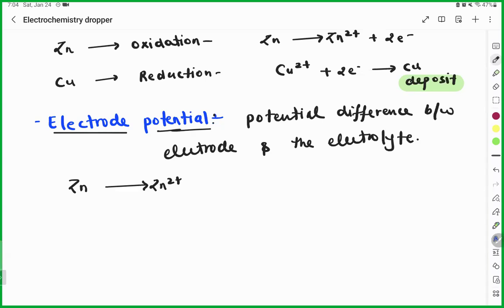But here it is the potential difference between the electrode and its own electrolyte. The electrode potential is between the electrode and its own electrolyte, not with the copper. You are comparing zinc metal with the zinc 2 positive ion.